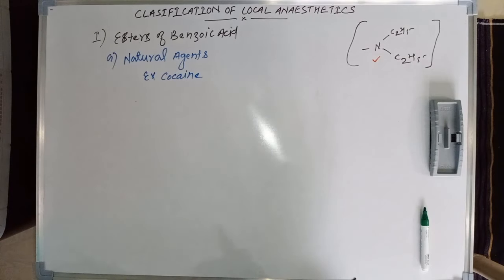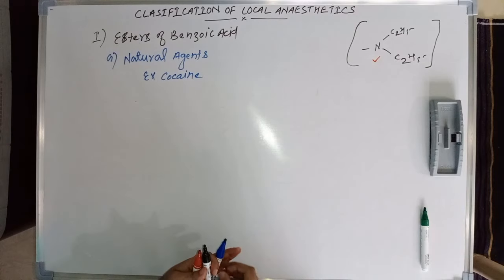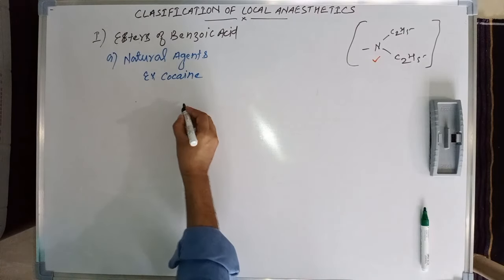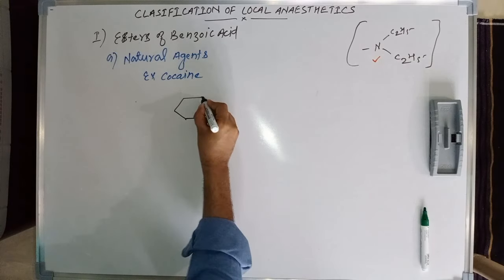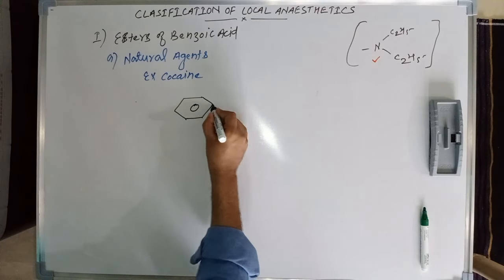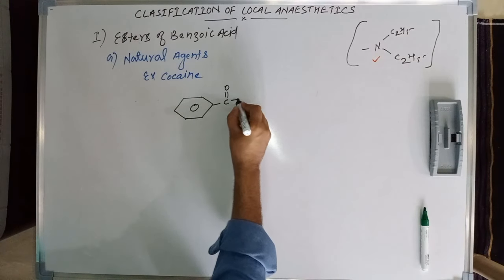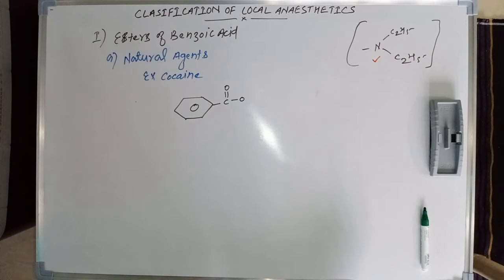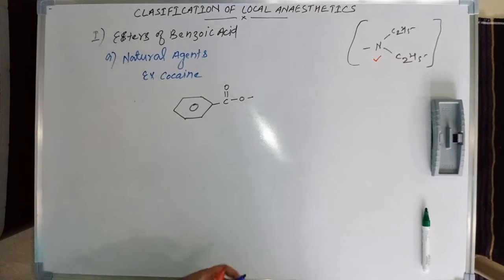Let's see the structure of cocaine. As cocaine comes under the class ester of benzoic acid, first this is your benzoic acid, and cocaine is the ester of benzoic acid, so there is another R group present over here.